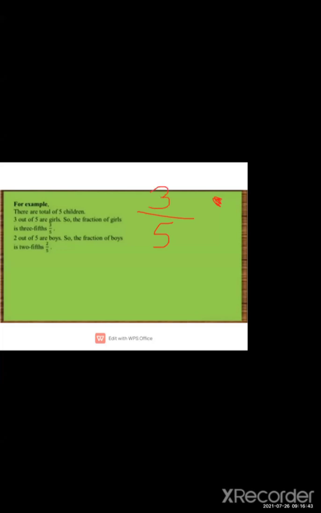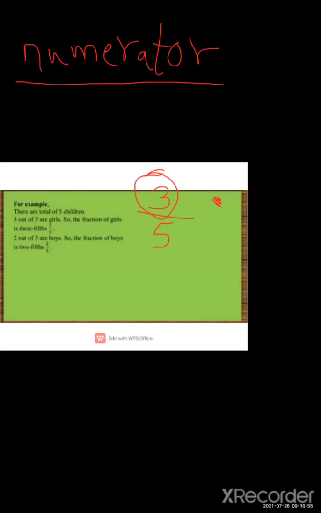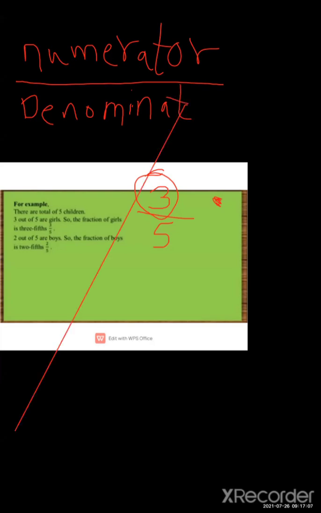Okay, the above part is known as the numerator. And the downside, that is 5, is called the denominator. Numerator and denominator.